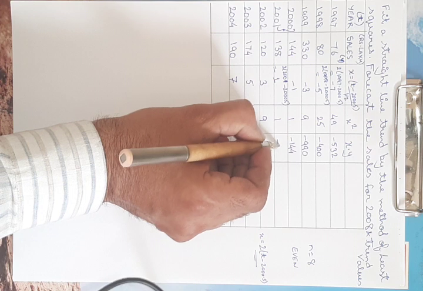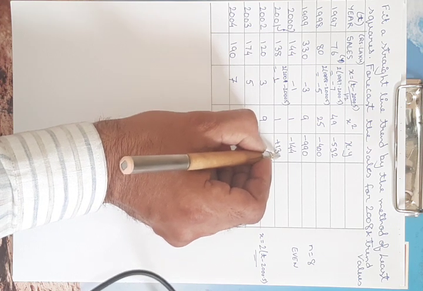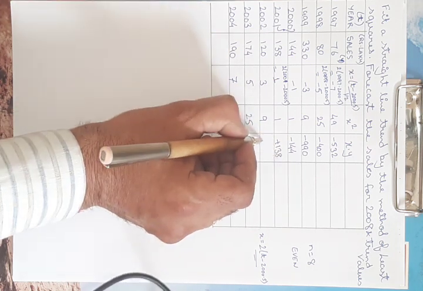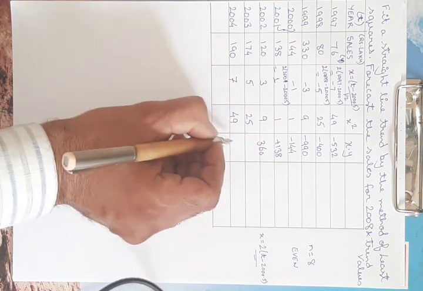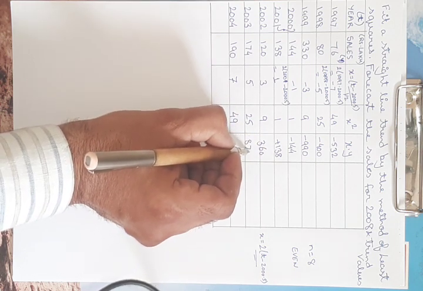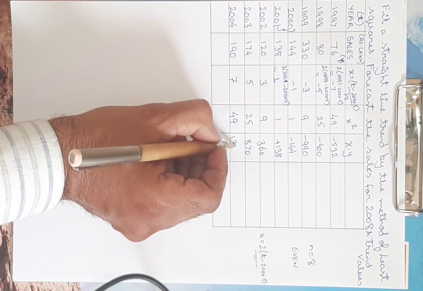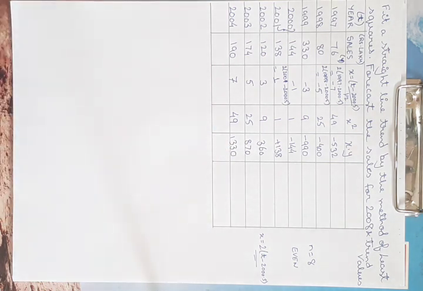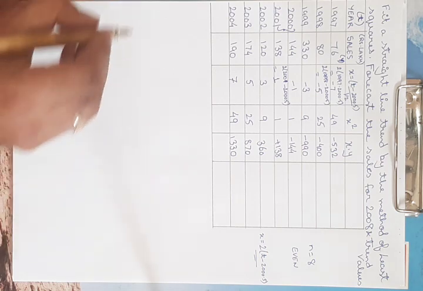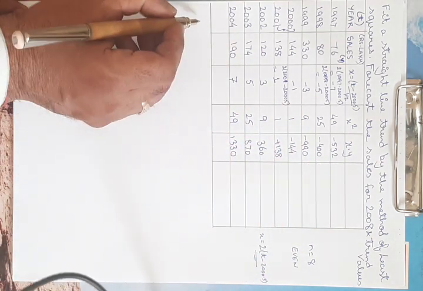Next it comes out to be plus 138, because this is a plus value. Next 360, next 870, and next 1330. So this is how we have calculated the values of x as well as the multiplication of x into y.